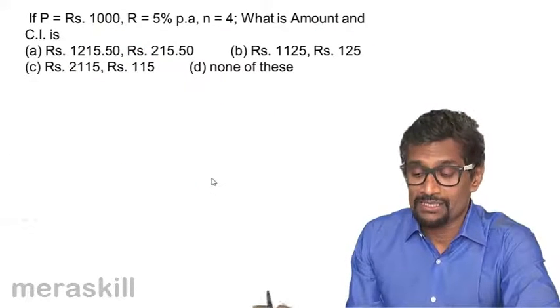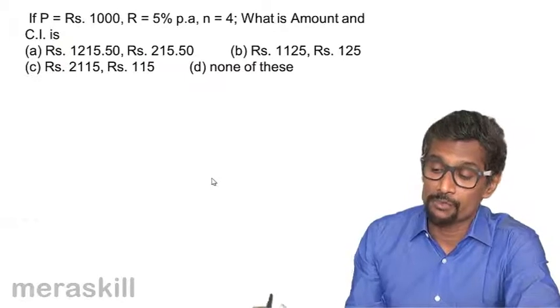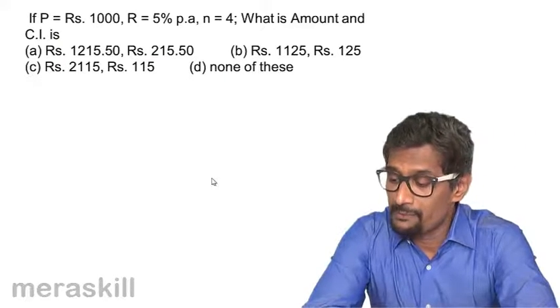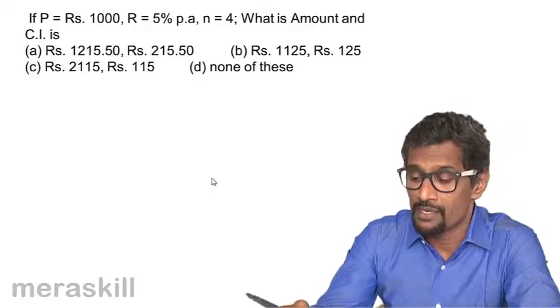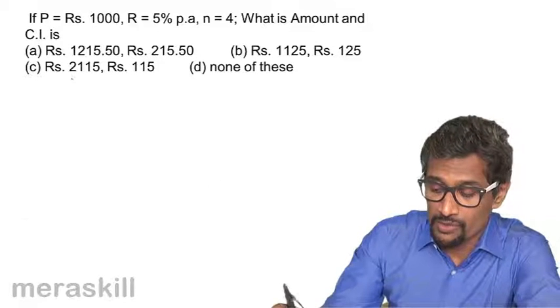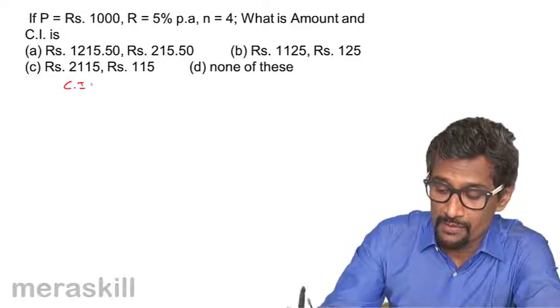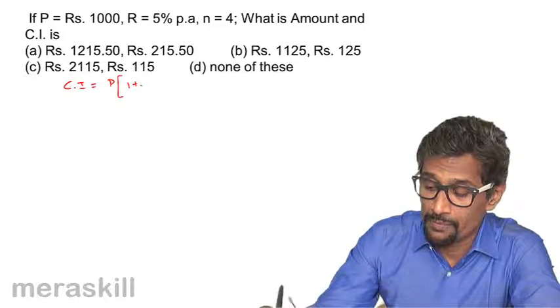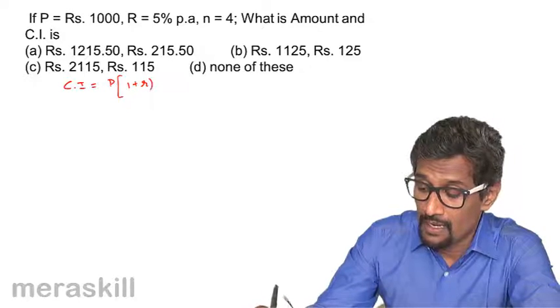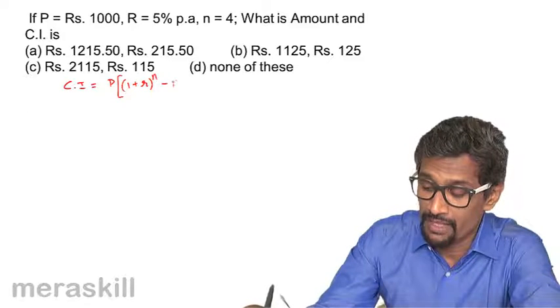Now let's take up this first problem. Principal is rupees 1000, R is 5% per annum, N is 4. What is the amount and what is the compound interest? So compound interest, of course, is going to be P into 1 plus R raised to N minus 1.